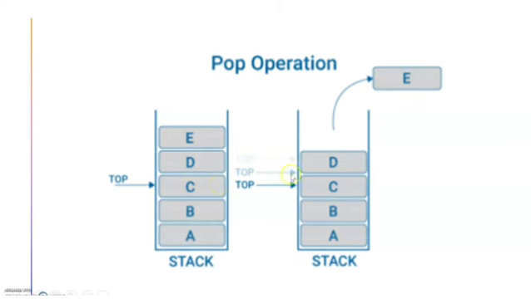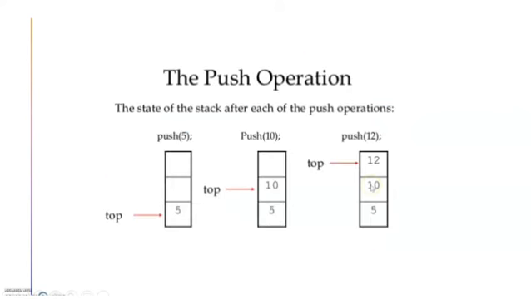Okay, so when the popping operation is performed, the stack pointer is clearly getting decremented. Here you can see there is a data called E. Here it has been retrieved, and the stack pointer we have decremented. Okay, so it will go on decrementing when we are retrieving data from the stack. Okay, so these two operations are very important when we are discussing the context switching area.